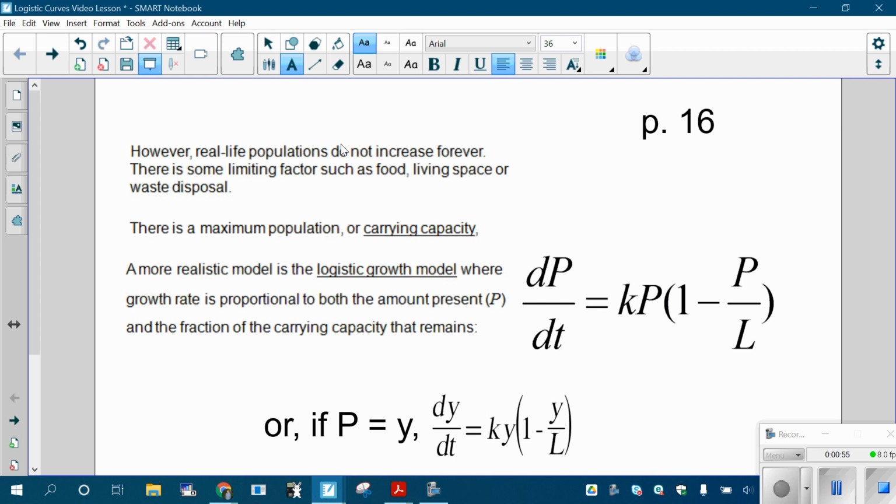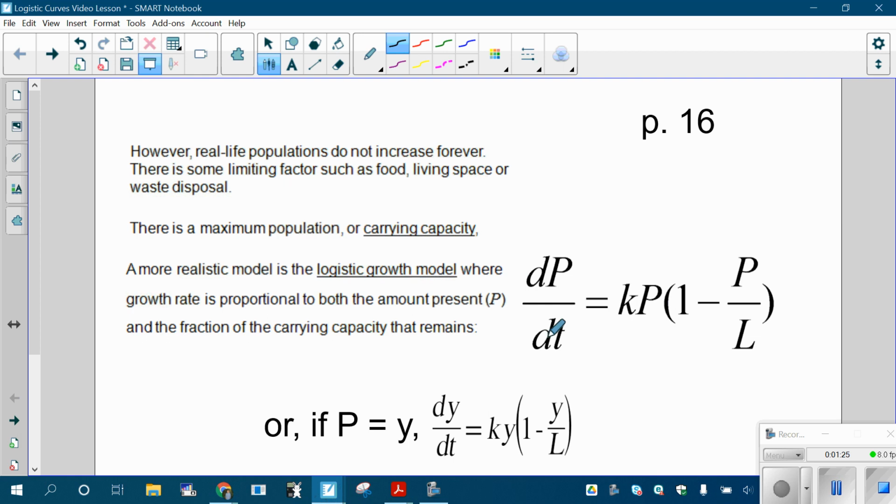So there's not going to be an unlimited amount of bacteria, or the population of a city isn't going to reach infinity. That doesn't make any sense. There's going to be some maximum amount. And depending on what you're talking about, if you're talking about a population, they might call that the maximum population, or if you're talking about other situations, they call that the carrying capacity. Okay?